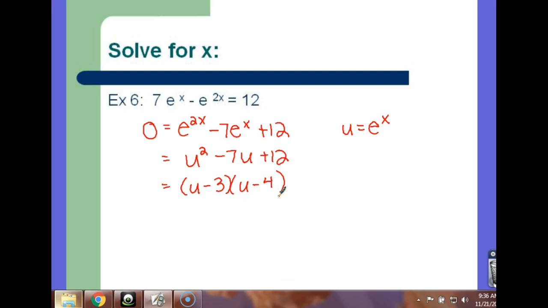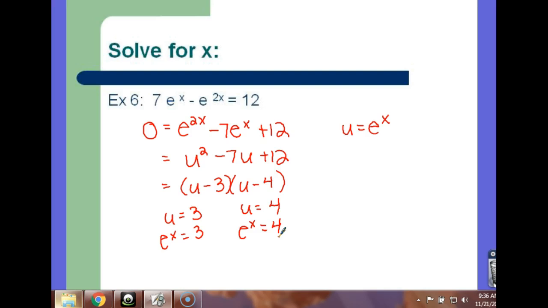And then if you have a quadratic and you factor it and you're solving, what do you do? You say, okay, u equals 3, and u equals 4. Like that's how we solved quadratics back in the day, through factoring. But now our u is really e to the x, so this is like saying e to the x equals 3 and e to the x equals 4.